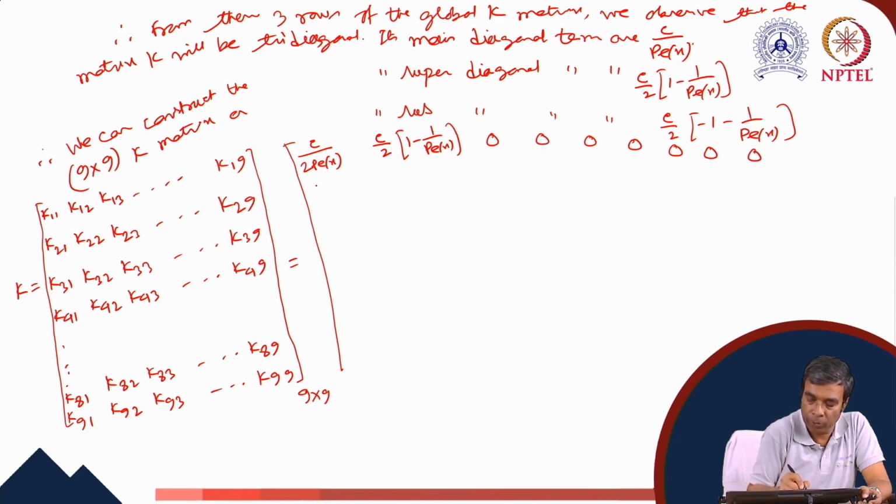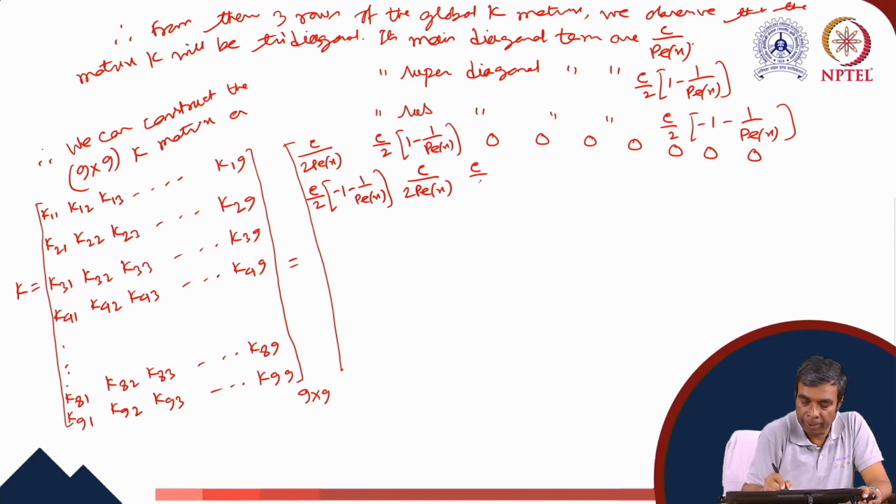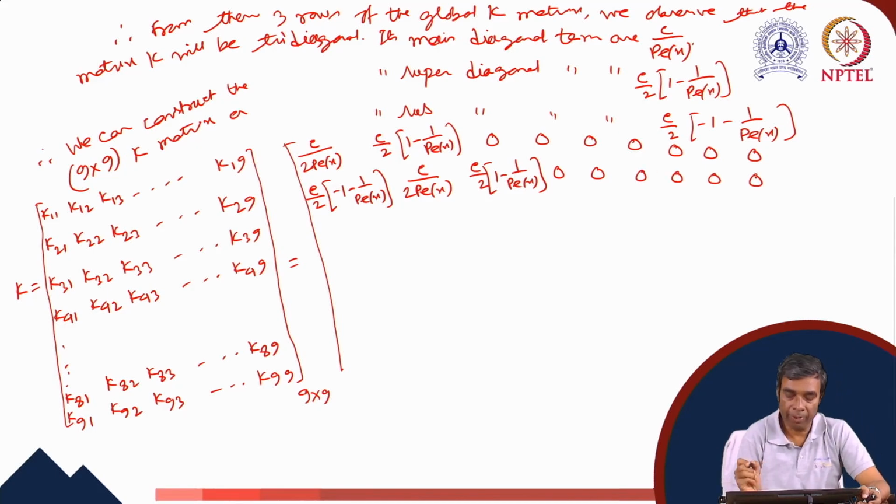Then in the second equation we shall have C by 2 into minus 1 minus 1 by PEX. The second term will be C by 2 PEX. In the third term of the second equation we get C by 2 into 1 minus 1 by PEX. Then all remaining terms in the second equation are zeros. Then we come to the third equation.